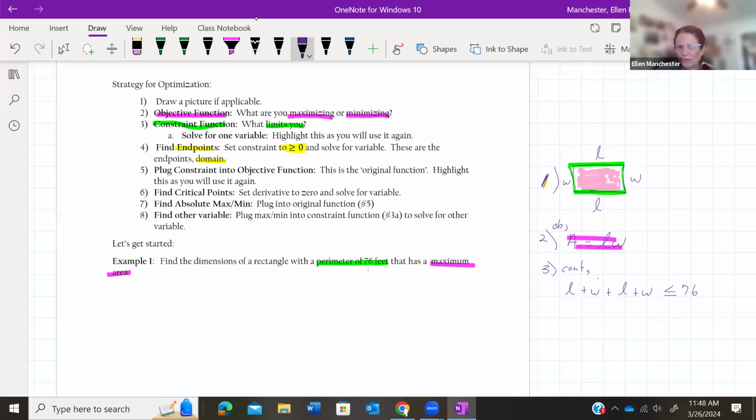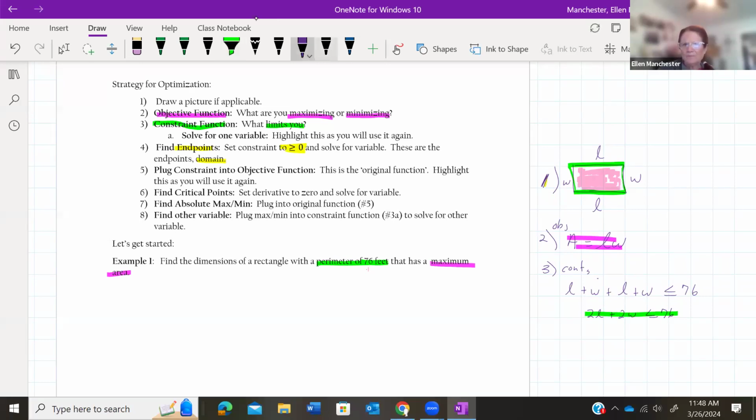Perimeter is the outside edge. Think of it as you're walking around the outside edge. Okay, so I can simplify this. I have 2L plus 2W has to be less than or equal to 76. Okay, so here is our constraint.